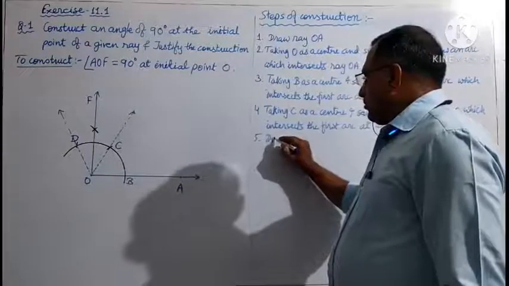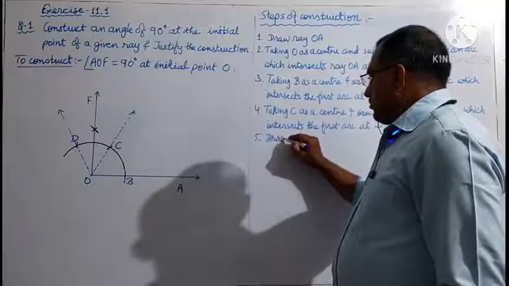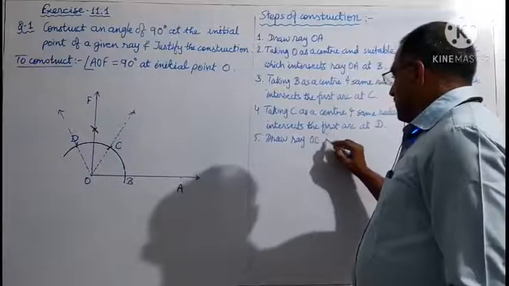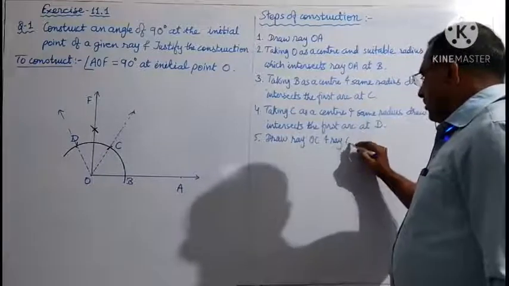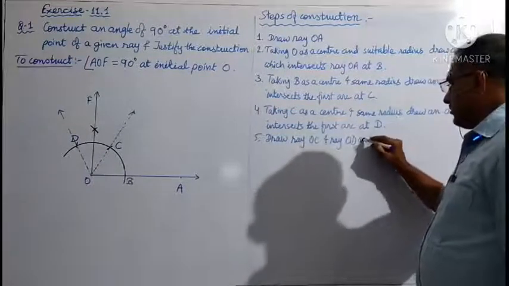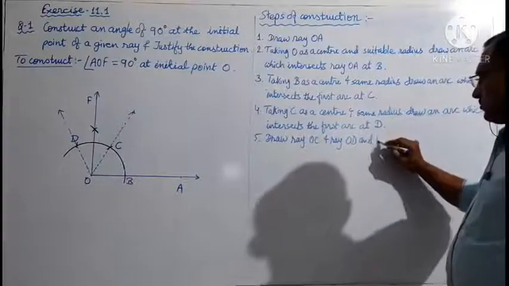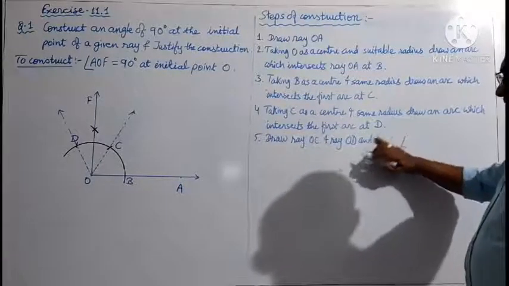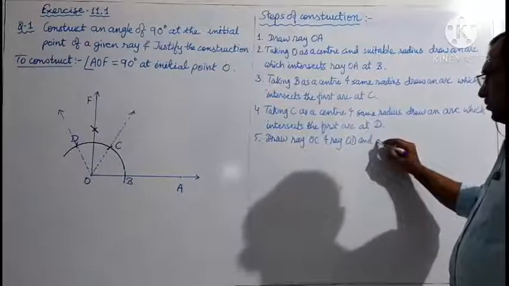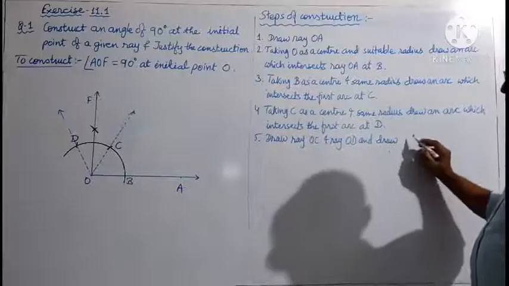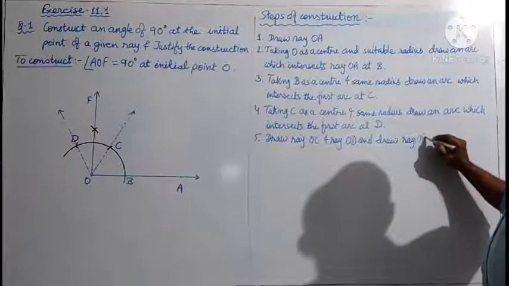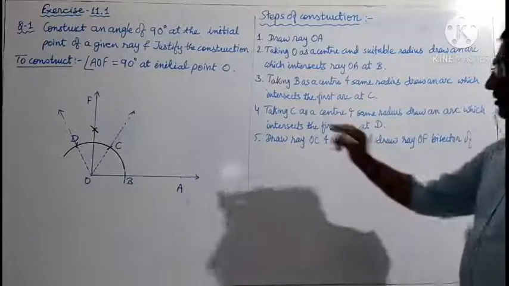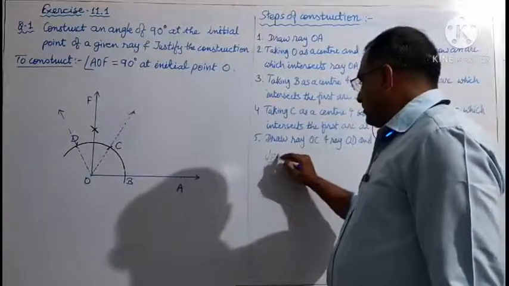Draw ray OC and ray OD, and then bisect angle COD and draw the bisector, ray OF, the bisector of angle COD.